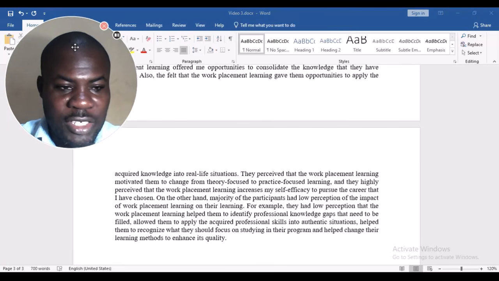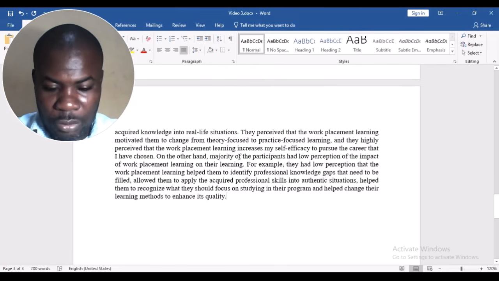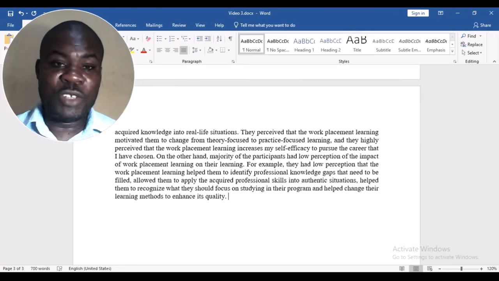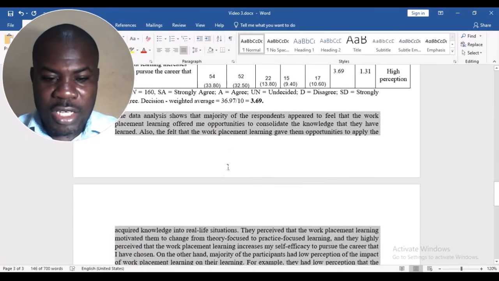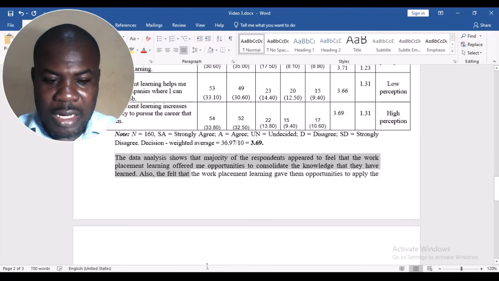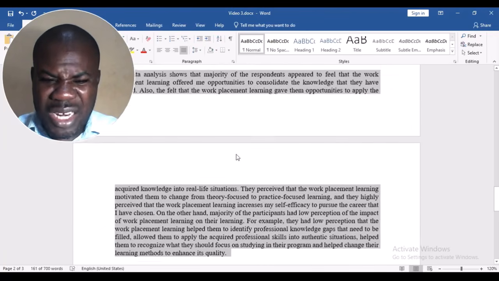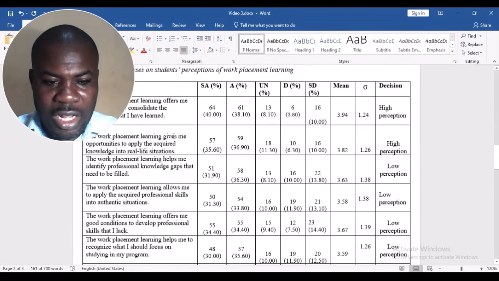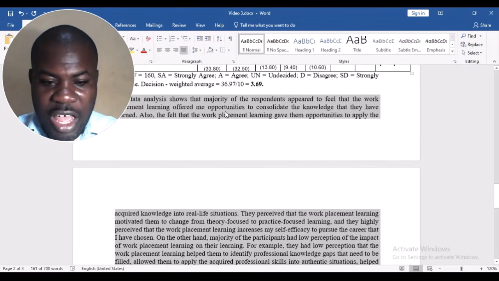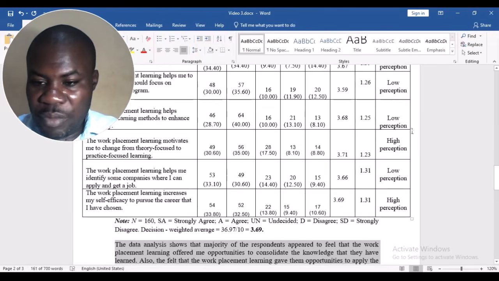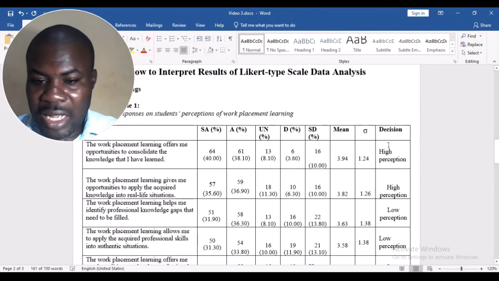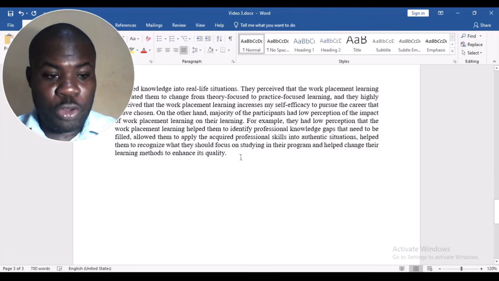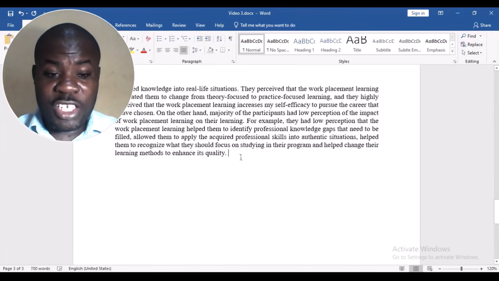In this particular case, you can now decide to support this with previous literature. At this stage, I have produced a full paragraph, and so it makes meaning. I've been able to make sense of the item statements based on my decisions here. At this point, you may want to support your findings with previous studies.